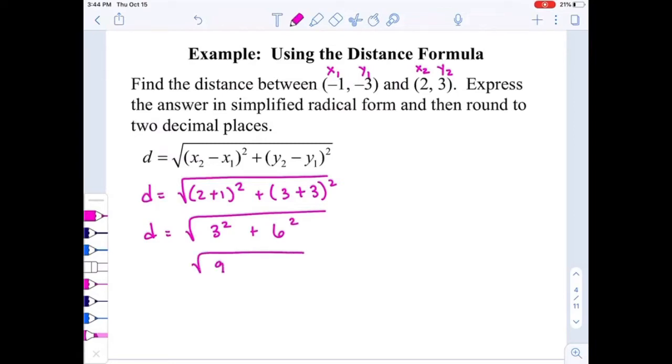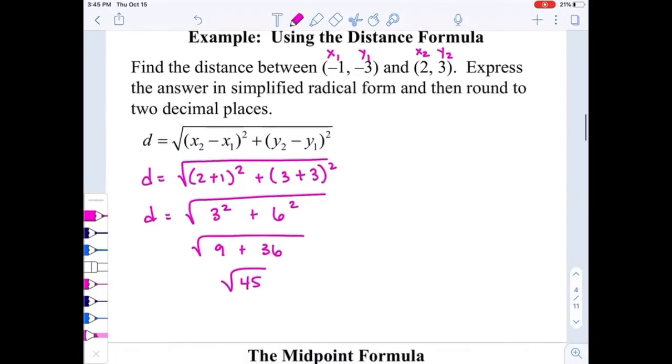So we have a 9 plus a 36, which is going to give us the square root of 45. Now they want it in simplest radical form, and they want it as a decimal. So if I take the square root of 45 and I break that down, I know that that's the square root of 9 times the square root of 5. So that means we have 3 square root of 5. And if we just plug it into a calculator, the calculator is going to give us approximately 6.71 in terms of the square root of 45.